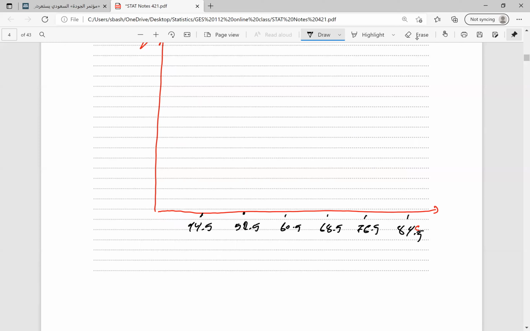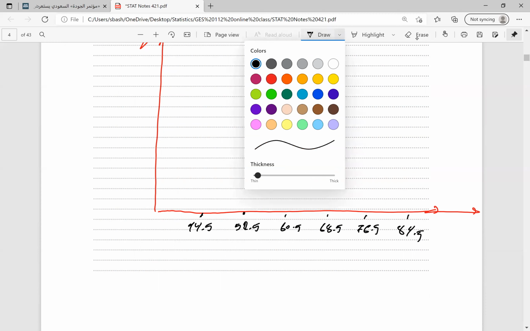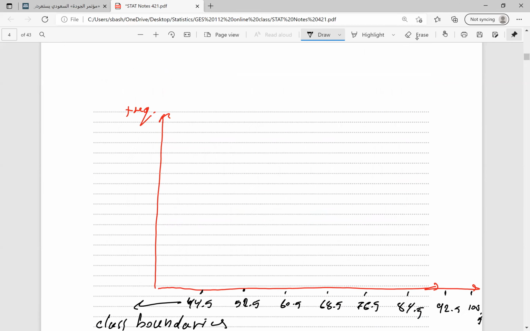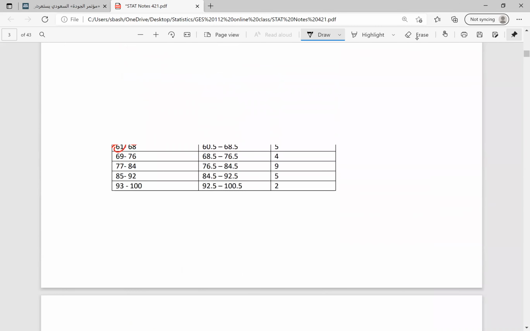So we need to add more. These are the class boundaries. You have to be careful: we are using class boundaries.